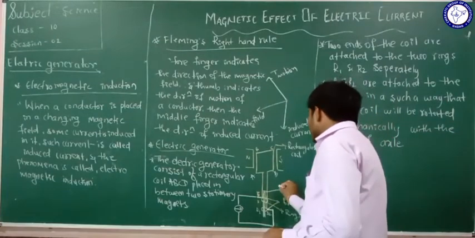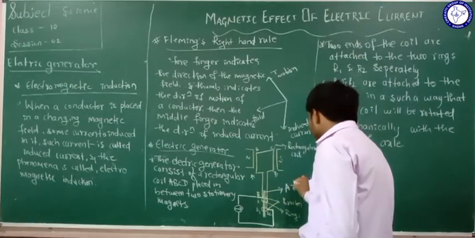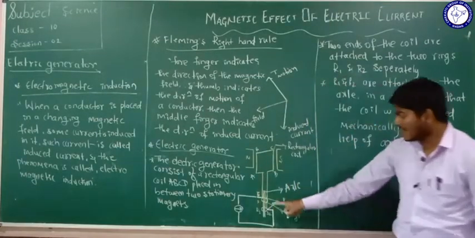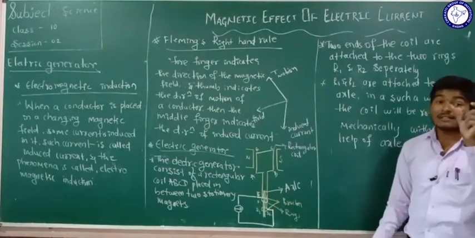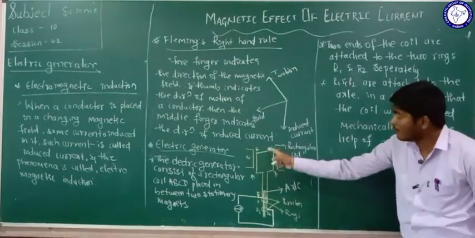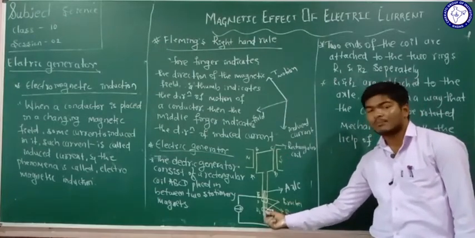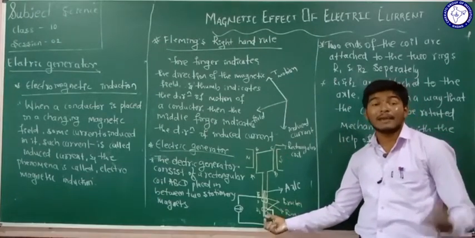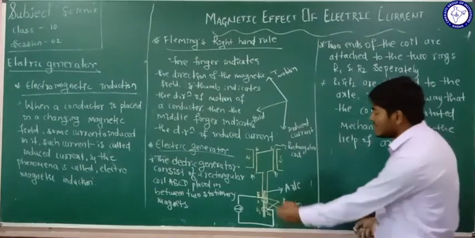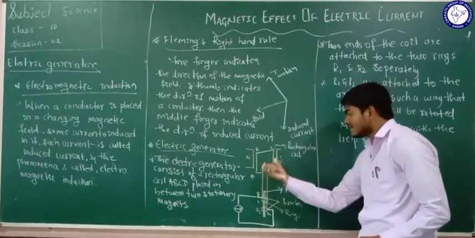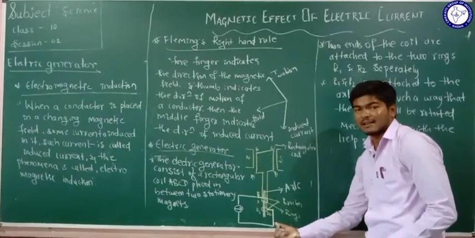This is the axle. These two rings are attached to the axle in such a way that this copper coil can be rotated very easily with the help of the axle by external force. We can easily rotate this coil with the help of this axle.